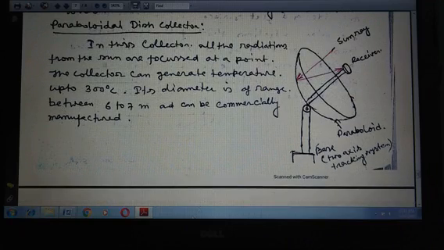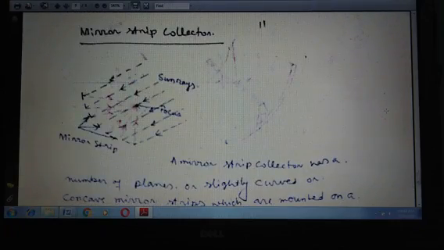So this is the base, this is the sun rays, and this is the receiver section, and the total collecting surface is just like a parabola. So this is called the parabolic dish type.